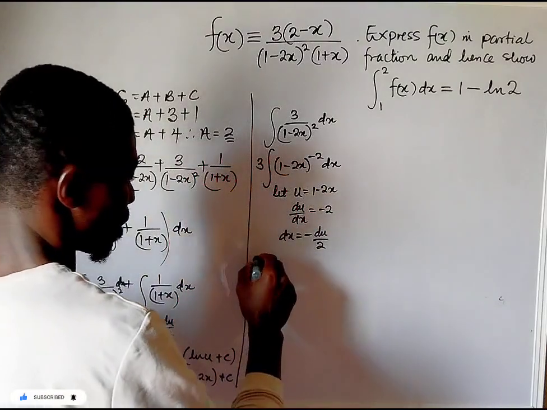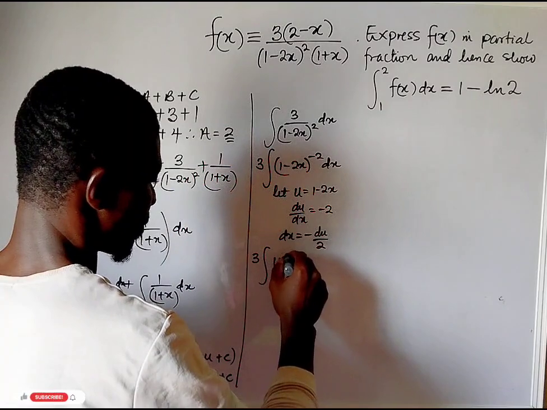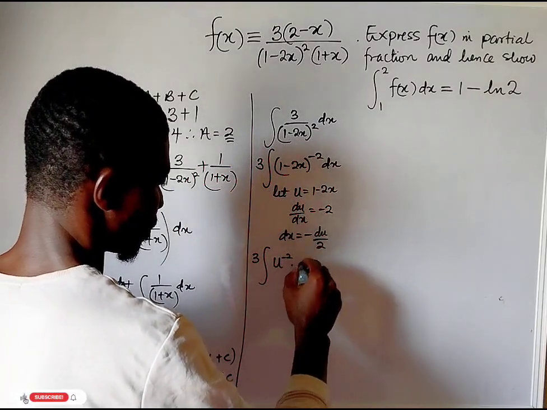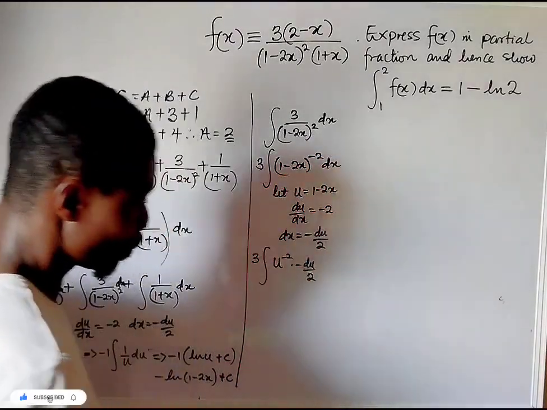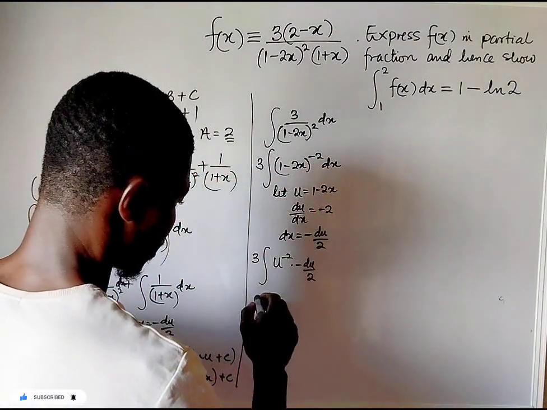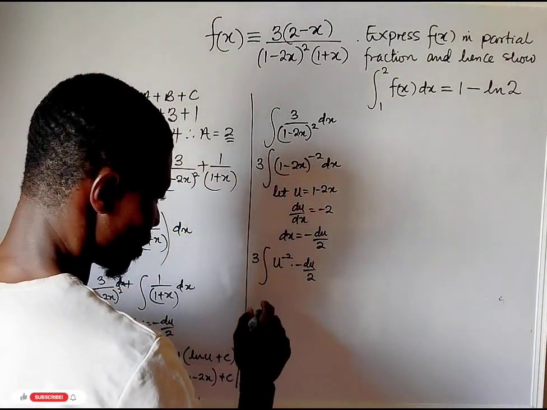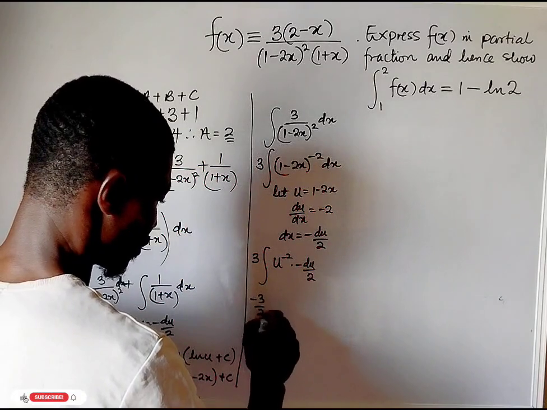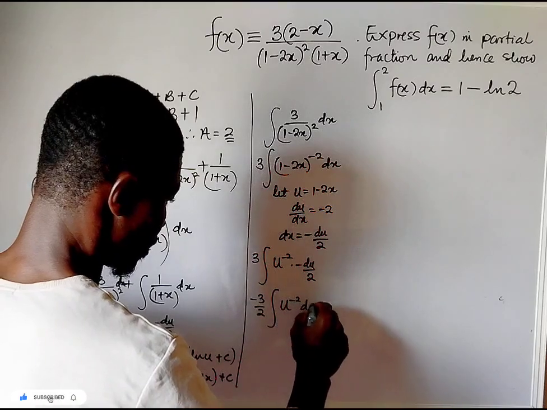Now here we have 3, the integral of u raised to the power of minus 2, times minus du all over 2. Alright, so to this end, this is the same thing as bringing out this minus 2, then you have minus 3 all over 2, the integral of u to the minus 2 du.